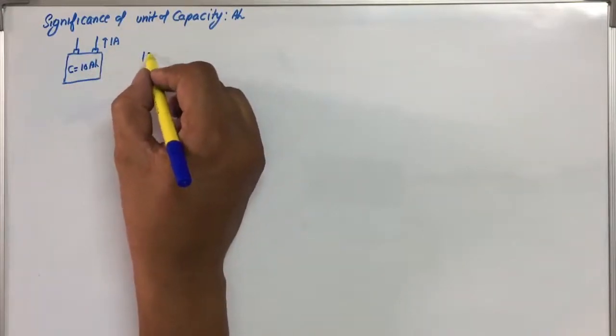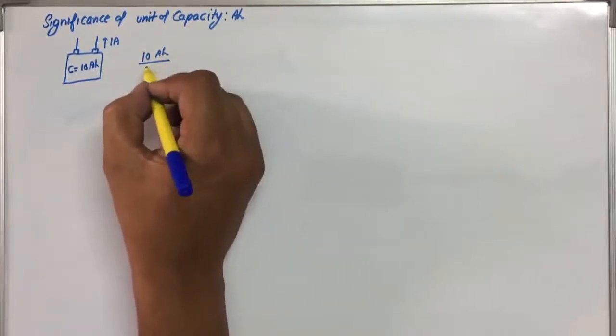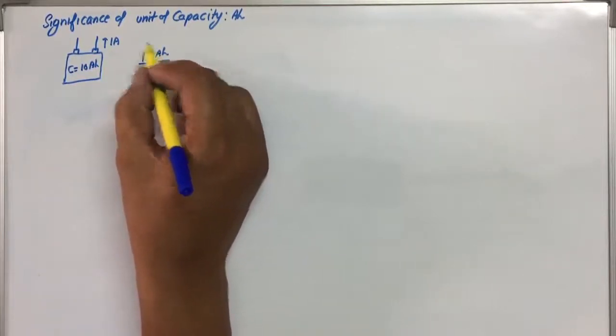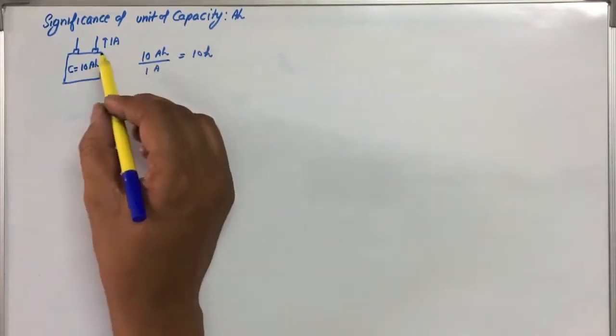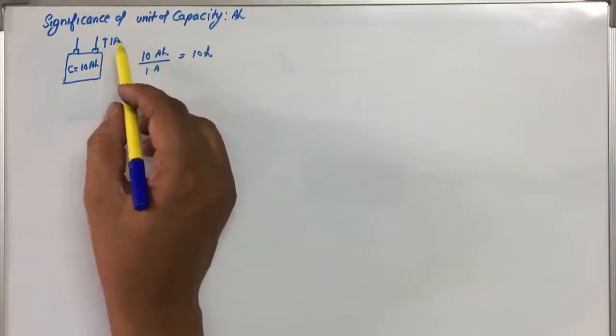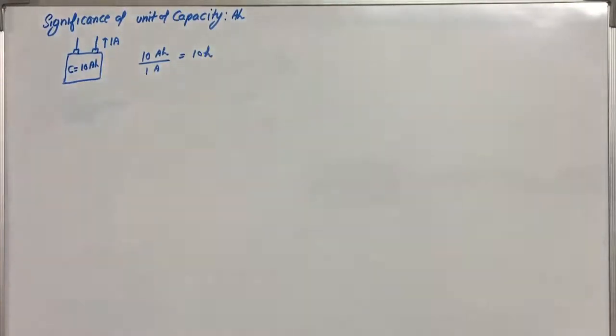Then from the unit we have 10 ampere hour divided by 1 ampere equal to 10 hour. It can deliver this charge for 10 hours.